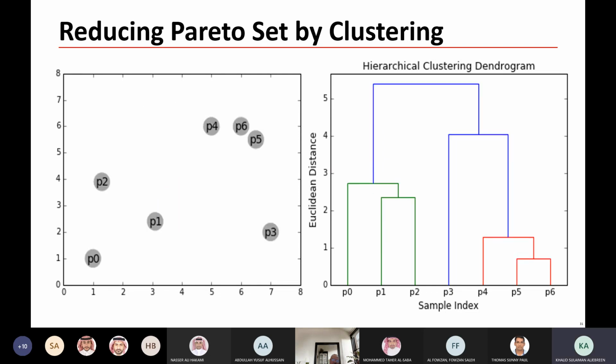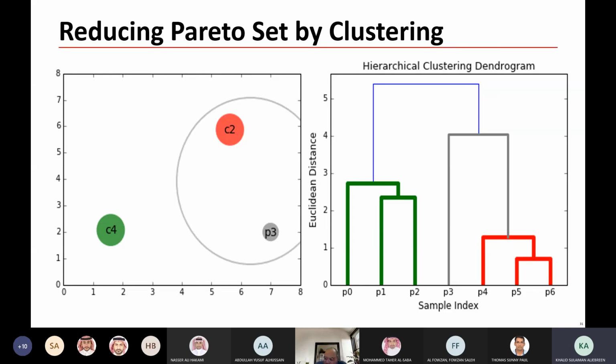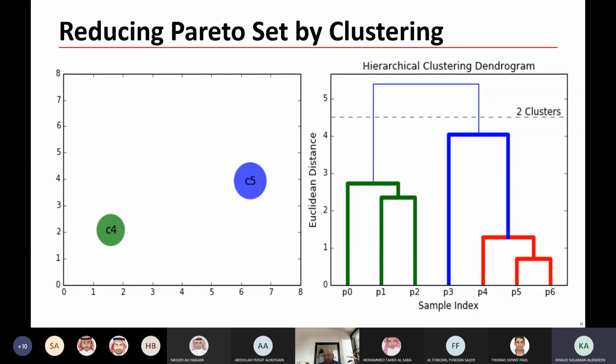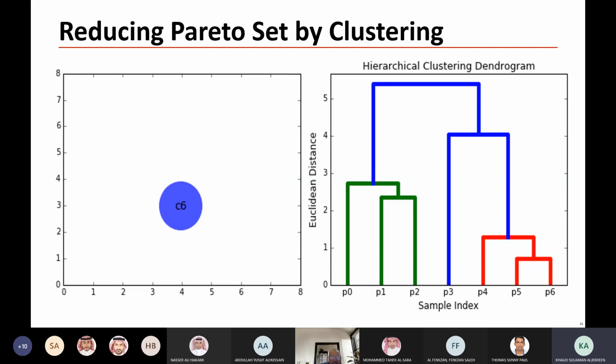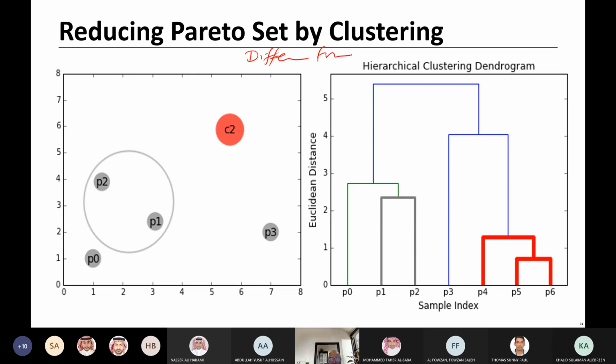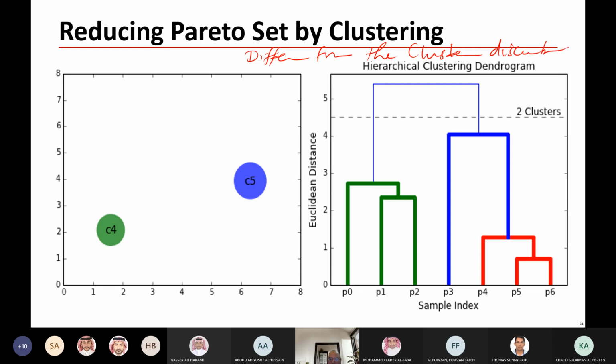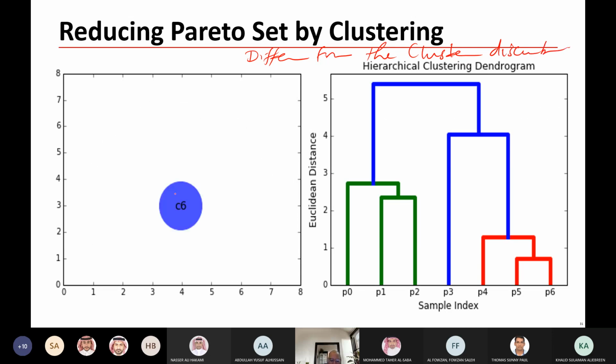Yes, Doctor, but if you allow me to ask, why is it acceptable here? No, this is just to illustrate the concept of clustering. Let me say this is different from the clustering discussed earlier.